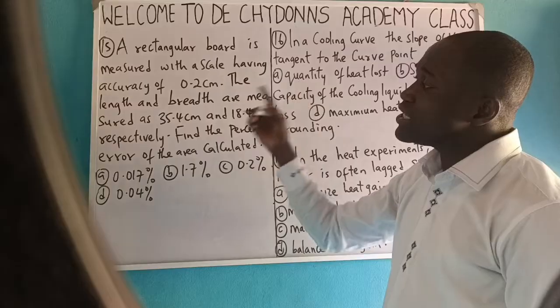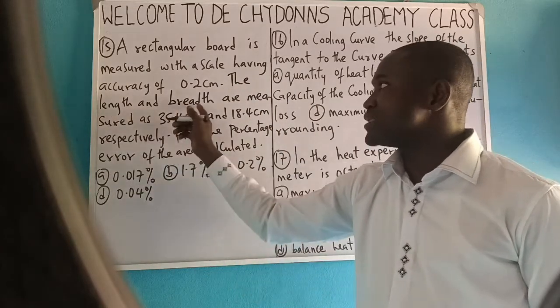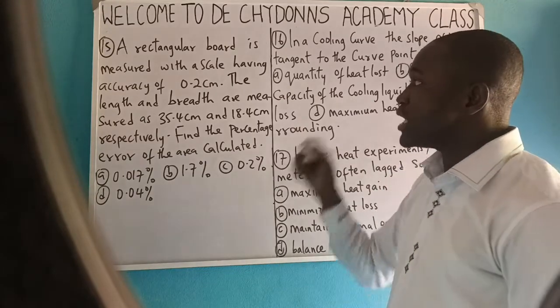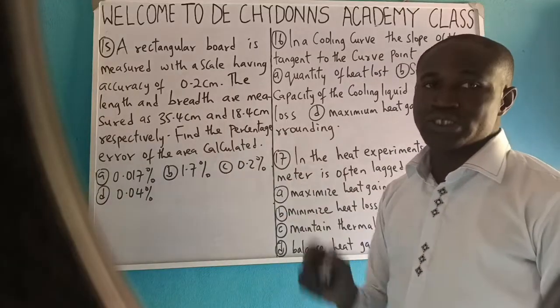That means that the reading accuracy of the measuring instrument used to get the length and the breadth is 0.2. The maximum error you will get when you use a measuring instrument to get the length and the breadth will be 0.2 cm.